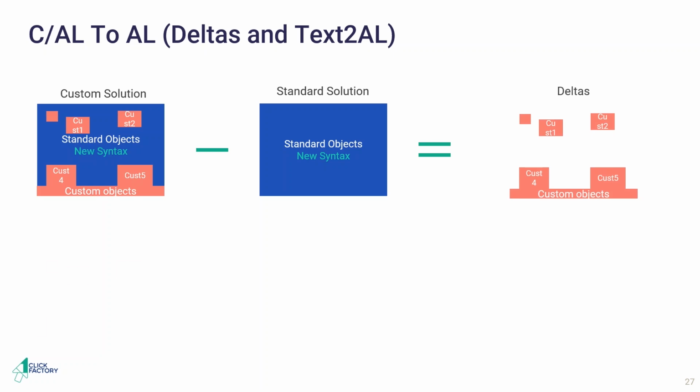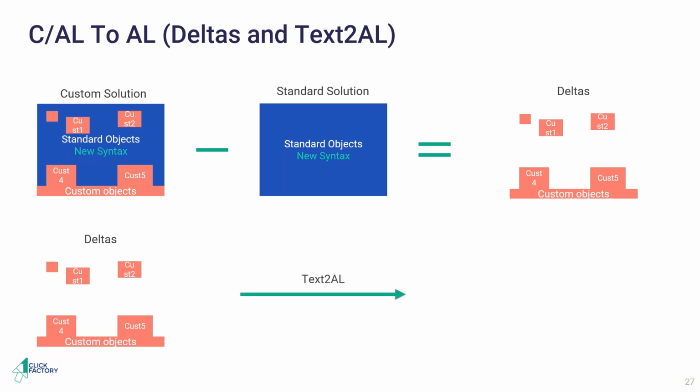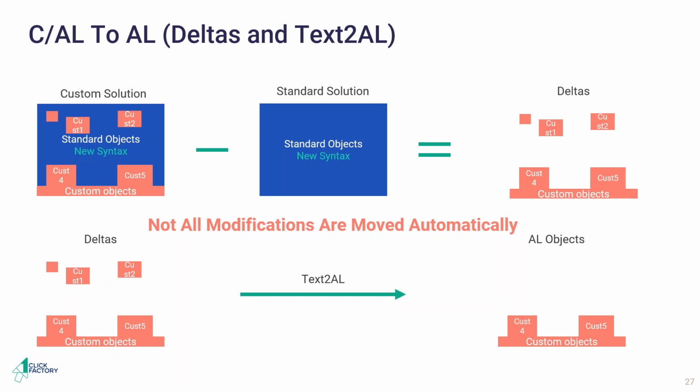Then I would take this custom solution and use a Microsoft-provided tool called Text2AL, which creates most of the AL objects from the deltas. I say most because not all deltas are moved automatically.